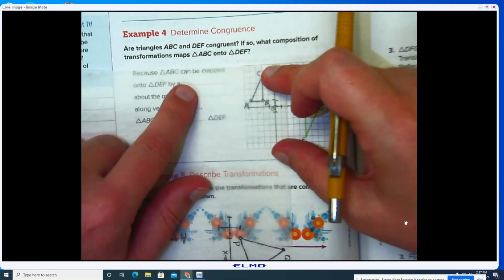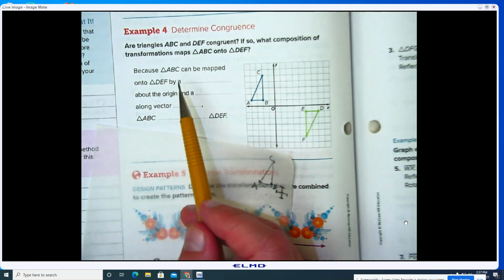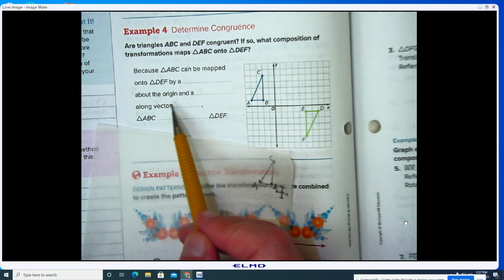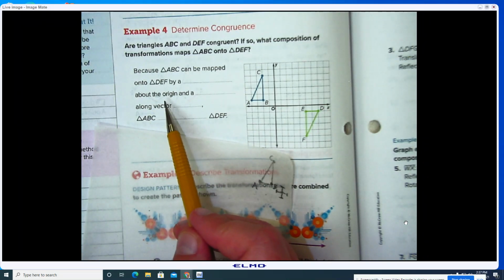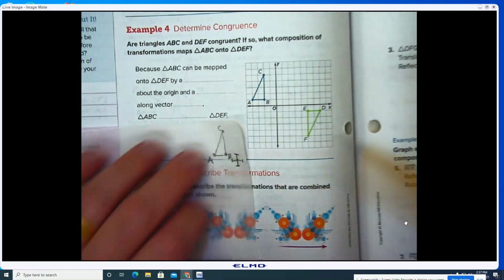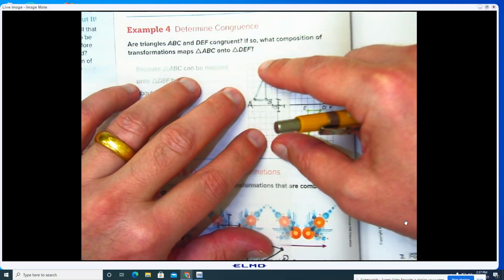So in this one, our question says triangle ABC can be mapped onto DEF by a blank about the origin. Now, the wording of this is important. To do it about the origin is a what? Rotation. So we are rotating it around the origin first. So let's see how we want to do it.